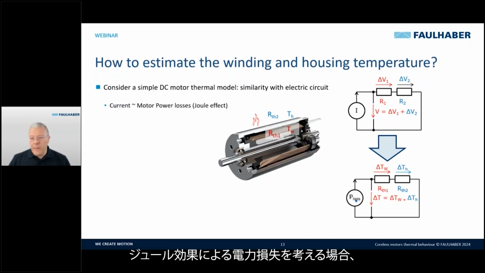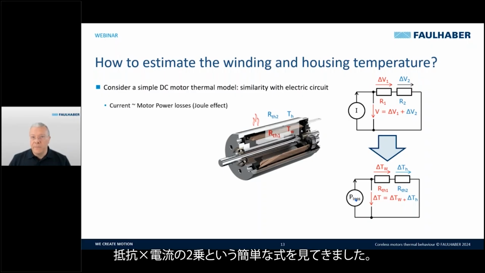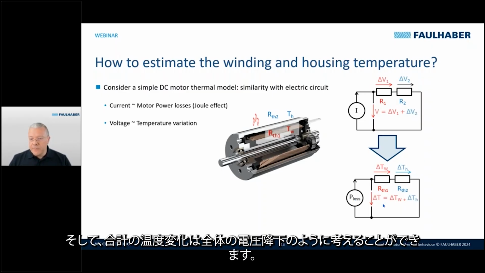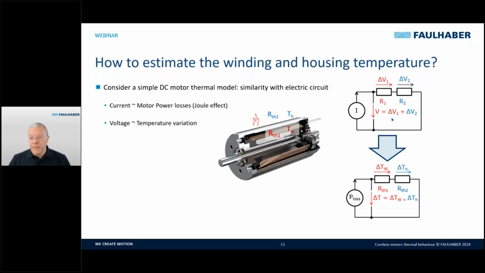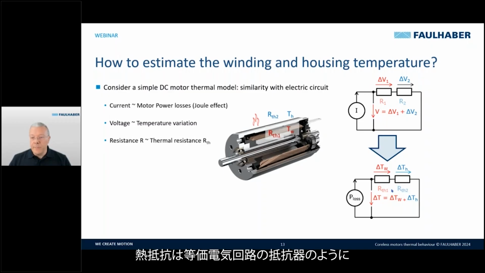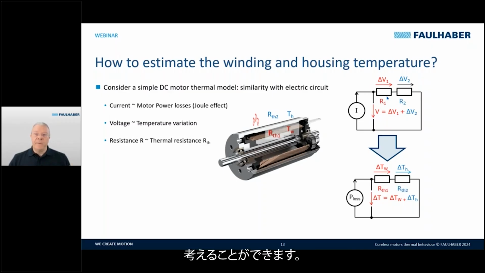If we consider the power losses, this is due to the Joule effect. So we have seen the simple formula, resistance times the square of the current. And then we can consider a total temperature variation like a total voltage, and we can consider the thermal resistance like a resistor in an equivalent electrical circuit.